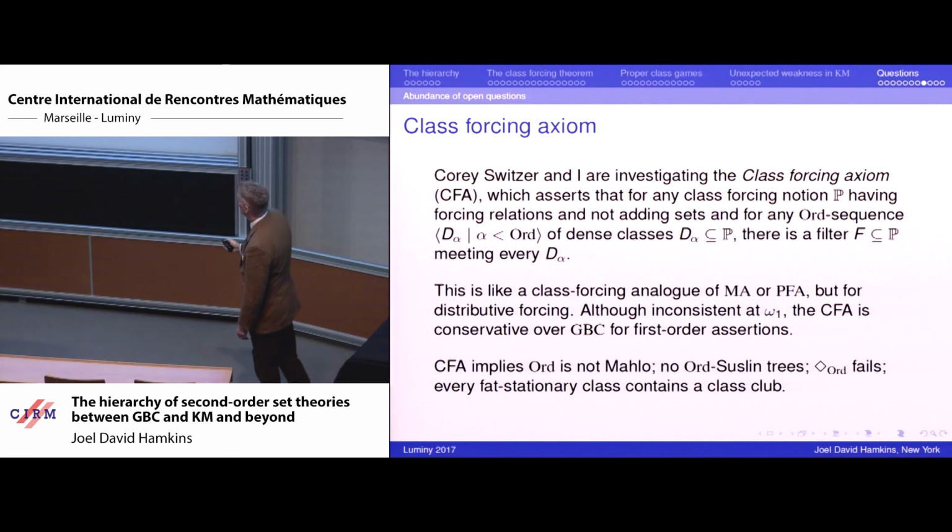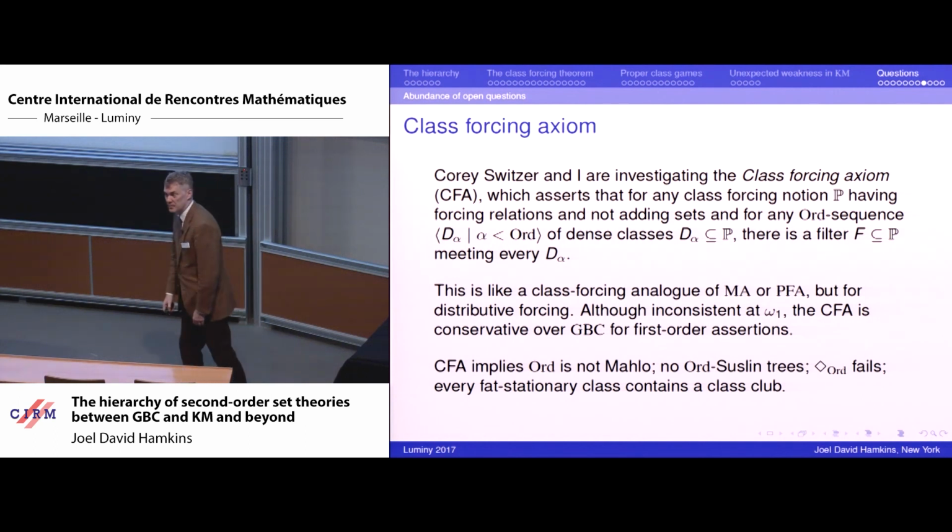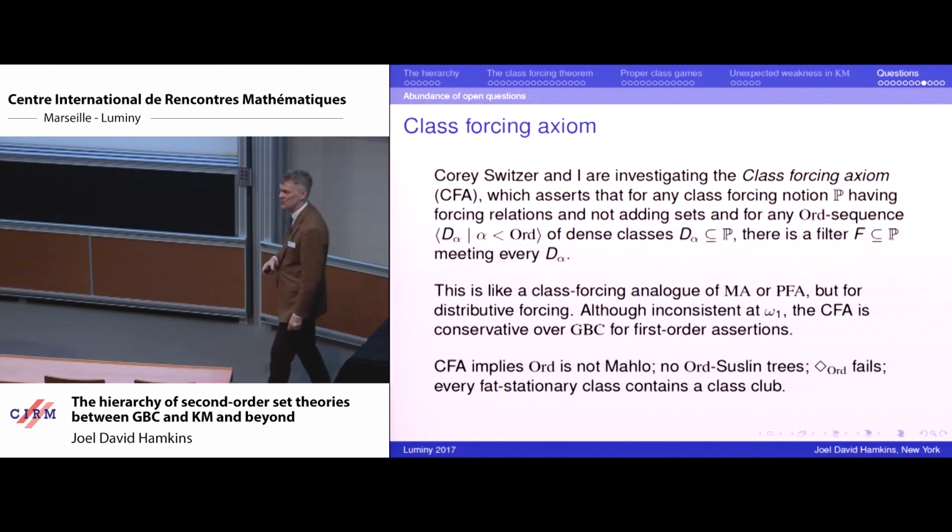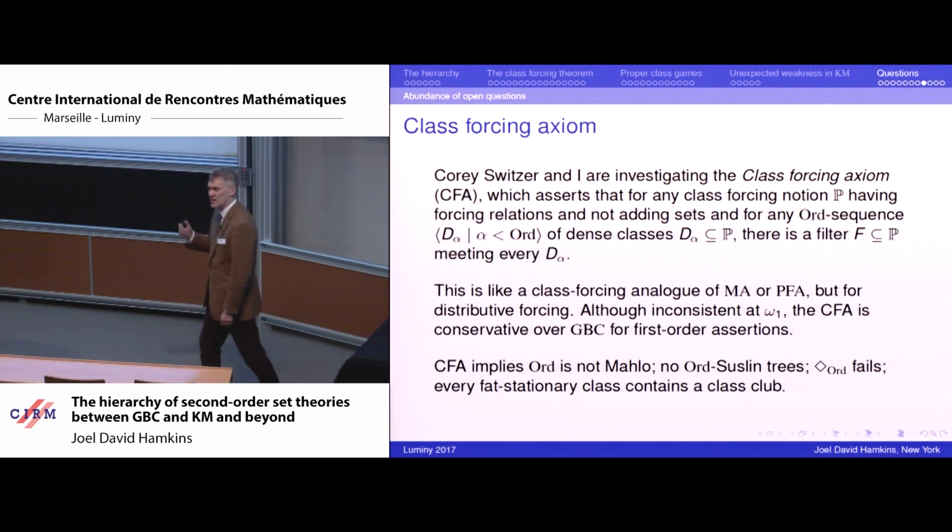My student Corey Switzer and I are looking at what we call the class forcing axiom, which is the assertion that for every class forcing notion, meaning that we have forcing relations and we're not adding sets, then for any ORD sequence of dense classes, there's a filter meeting them. So it's like a class forcing version of Martin's axiom, but it's for distributive forcing, which is false at omega 1, because if you have disjoint stationary sets at omega 1, you could shoot clubs through them.